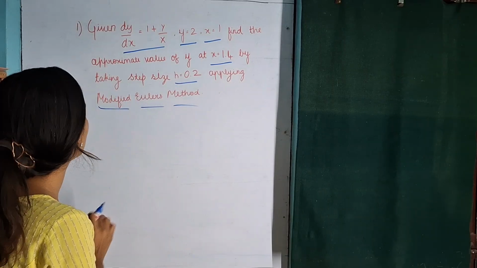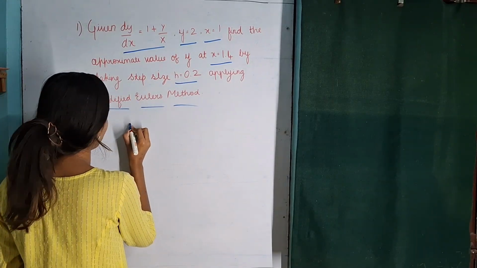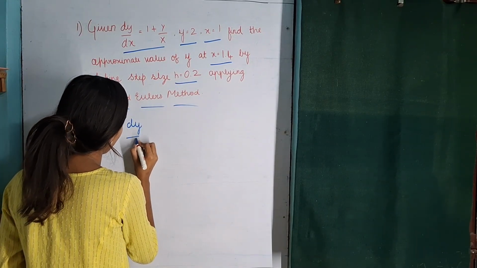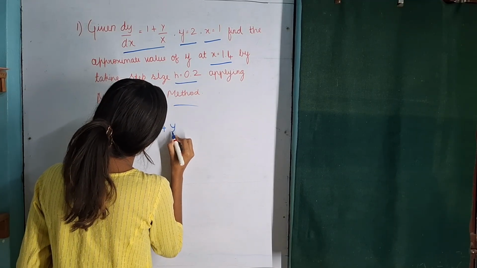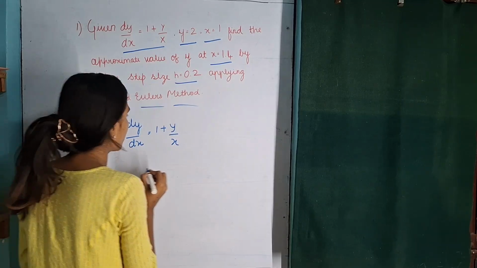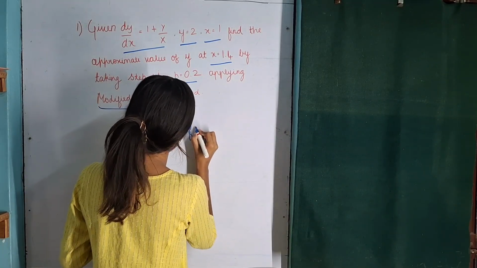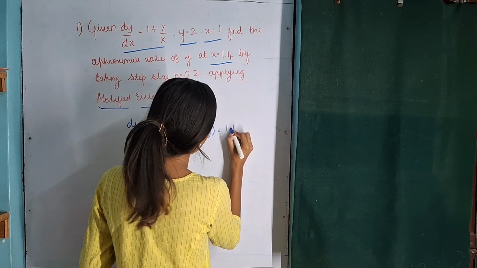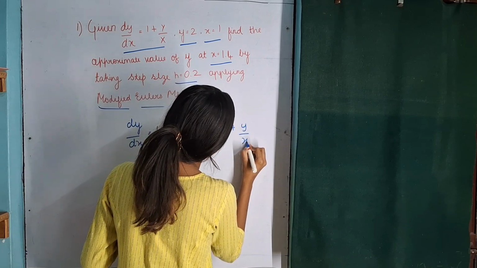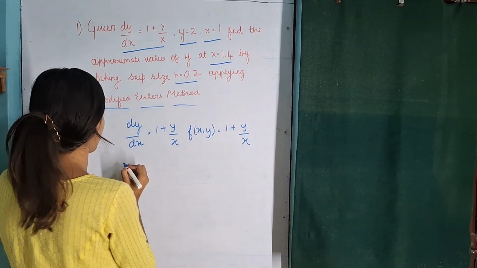Let's start. First we will solve this problem by writing dy by dx. Your dy by dx is 1 plus y by x. You can write this dy by dx as f of x comma y as 1 plus y by x.